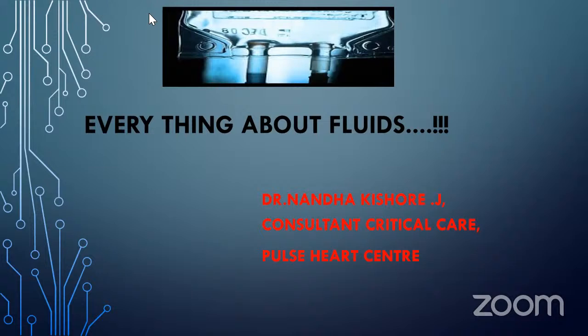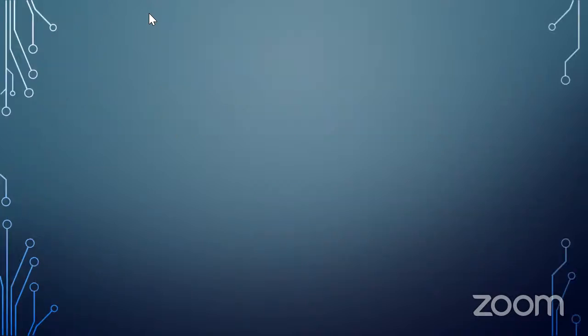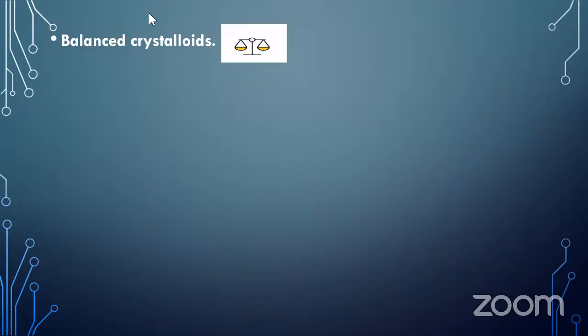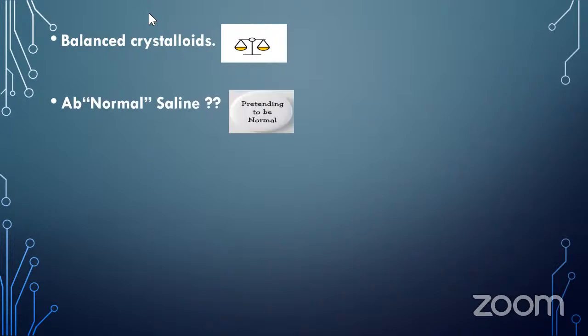So, based on this dictum, my lecture will be divided. I will be discussing more about the various types of fluids. We'll be discussing more about the balanced crystalloids, how balanced they are, and normal saline. Is it a normal saline or an abnormal saline pretending to be normal, and hyperchloremia, which is a more fascinating thing when we give fluids to someone.